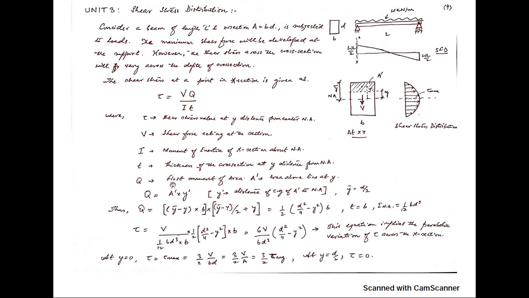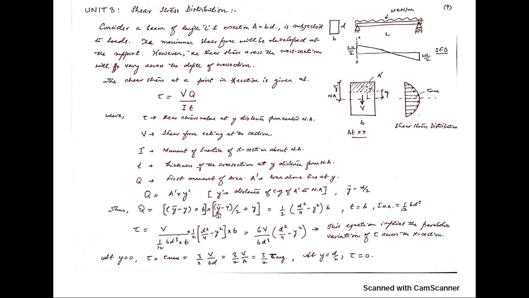So let's see how you have to calculate this. See how I have calculated this Q equals A dash into y dash. So what is y dash? y dash will be the distance from the centroid of the area to the neutral axis. And y will be the distance of this line, where you are calculating the shear stress, from the neutral axis, and y bar will be your depth of neutral axis.